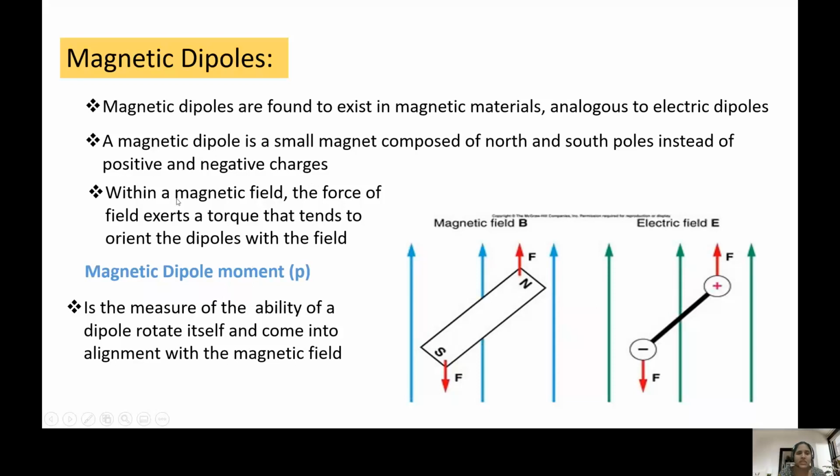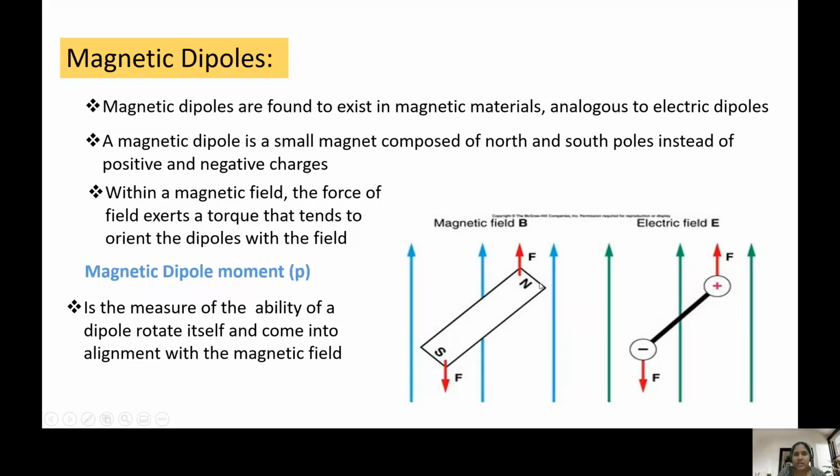Also, within a magnetic field, the field exerts a torque that tends to orient the dipoles with the field. From this diagram we can understand this. Here a bar magnet is kept in an external magnetic field, and the external magnetic field applies a torque on this magnet.